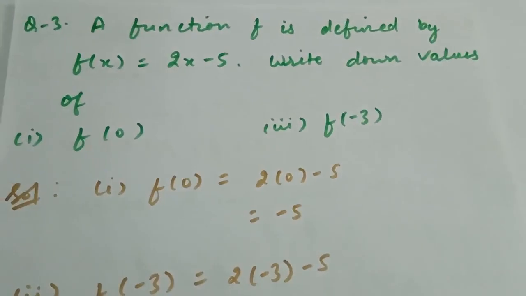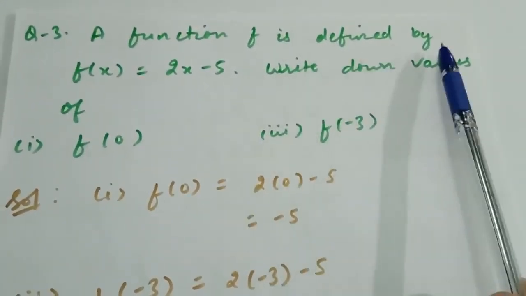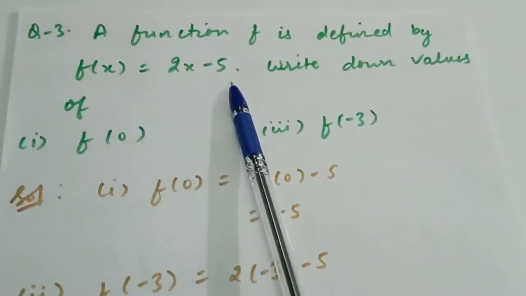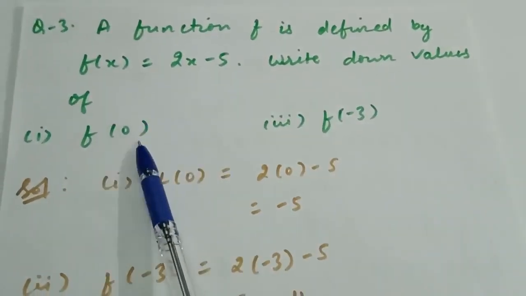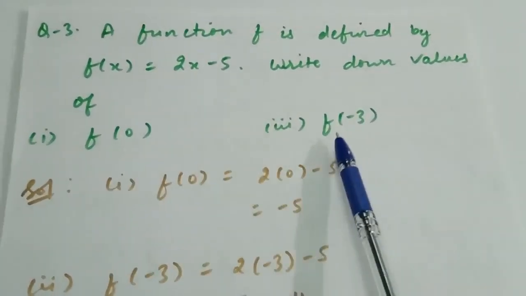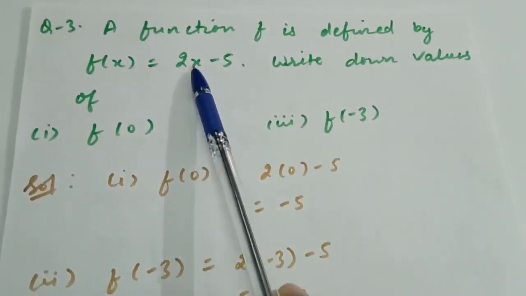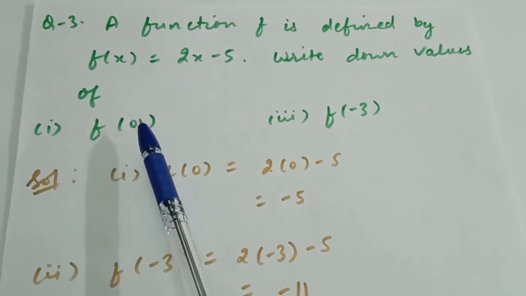Question number 3. It is given a function f is defined by f(x) is equal to 2x minus 5. Write down the values of f(0) and f(minus 3). So the function is already given. We want to find the value of f(0).